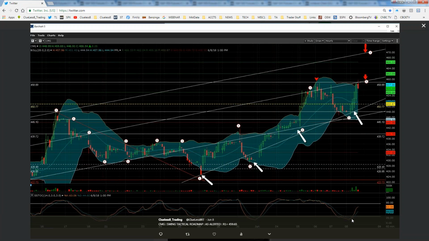Once it gets oversold and it starts to have a crossover of the percentage K and the directional percentage D, I tell you, you don't need to know anything about technical analysis. You just have to follow it, sit with it, and it goes.